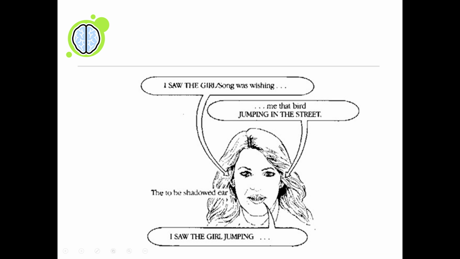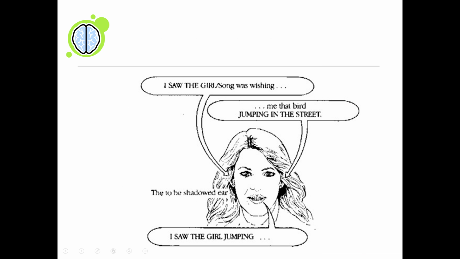So here's another example. I saw the girl, and then it goes song was wishing, me the bird, jumping in the street. So you're supposed to pay attention to the message in the right ear. I saw the girl, and then it goes jumping in the street. I saw the girl jumping. Whoa, wait, that's the exact same thing that we saw in the last one.